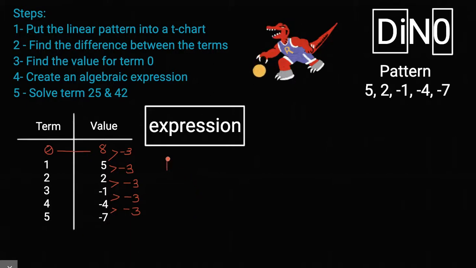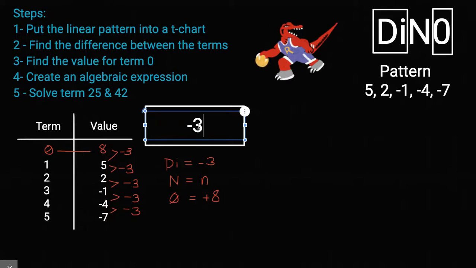So what that means is the difference between my terms is negative 3. My variable is going to be n, and my term 0 is going to be positive 8. So again, all I have to do is put that into the expression box, negative 3n plus 8.